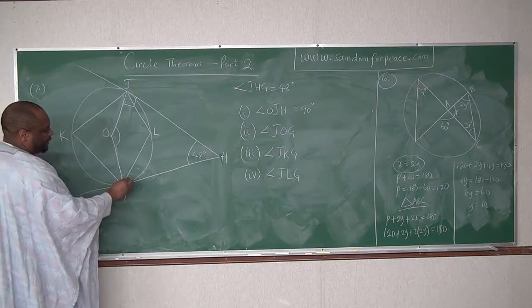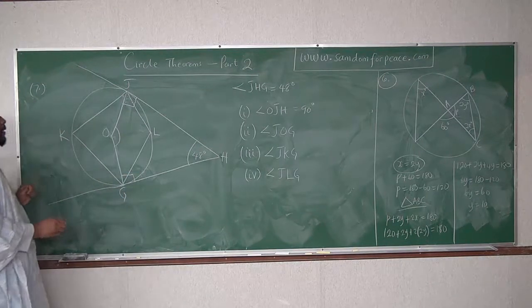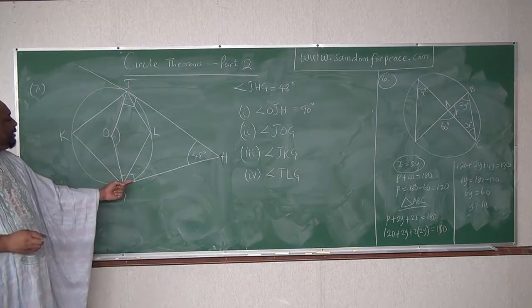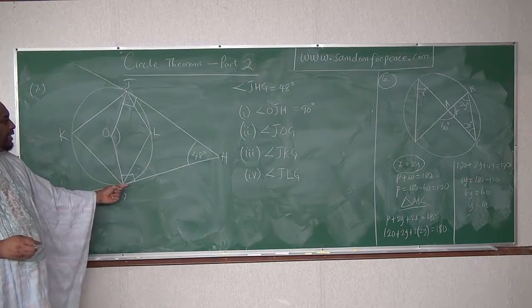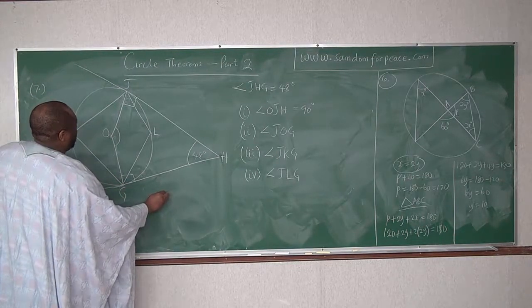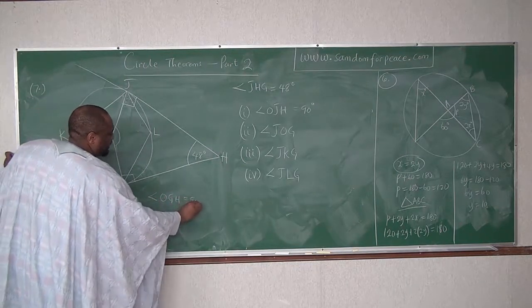This here is also 90 degrees, because the radius is perpendicular to the tangent, so angle OGH is also 90 degrees.